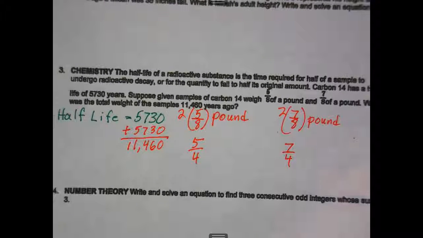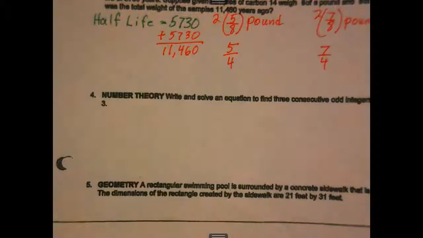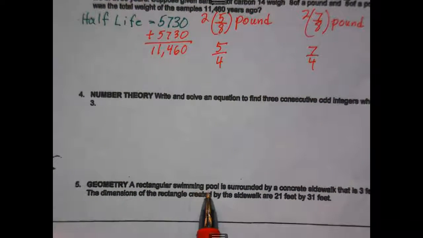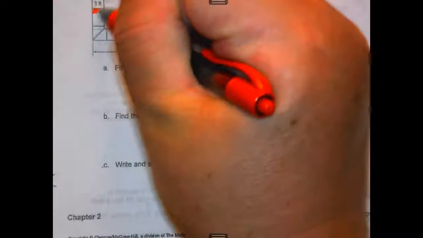And number 5. Now, this number 5 is actually on 2 pages. I have a rectangular swimming pool. It's surrounded by a concrete sidewalk that is 3 feet wide. So this is 3 feet wide here.